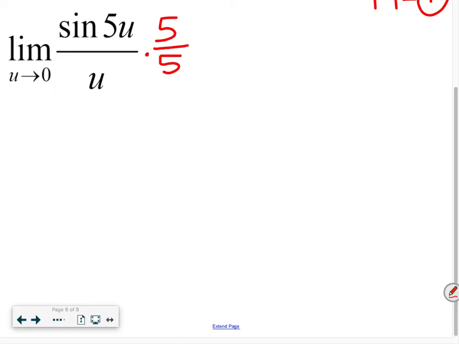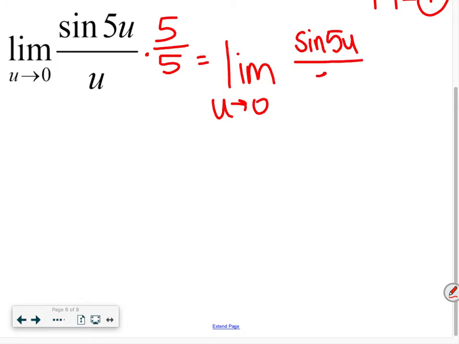We cannot take that 5 out of the sine. It is stuck in there. Algebraically, 5u is inside of sine forever. You can't do anything about it. But what I would do is write this as the sine of 5u over 5u.